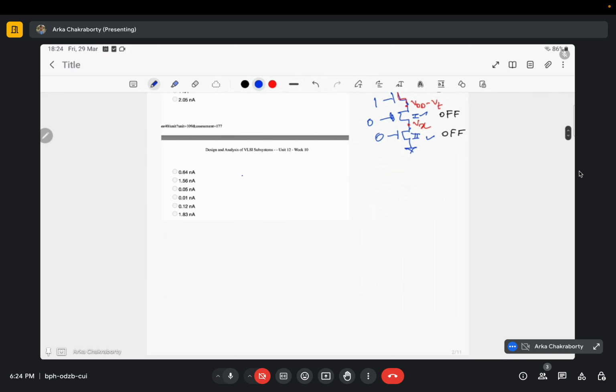I subthreshold for transistor 1 would be I0 into 10 to the power VGS, where VG is 0 and Vs is Vx, so it is minus Vx, plus eta, which is 0.1, times VDS, where VD is VDD minus VT and Vs is Vx, minus K gamma, which is 0.066, into VSB, where Vs is Vx and Vb is 0, whole divided by S, where S is 0.1.